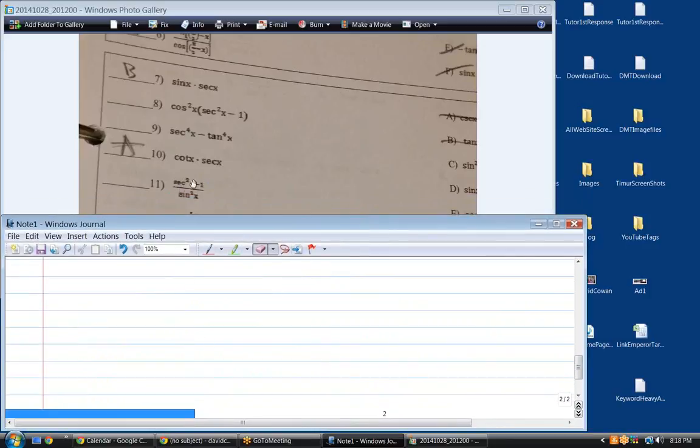About 11. What's secant squared x minus 1? Tangent squared x. So this is tangent squared over sine squared. What is that? In other words, you're always trying to relate them to one another.